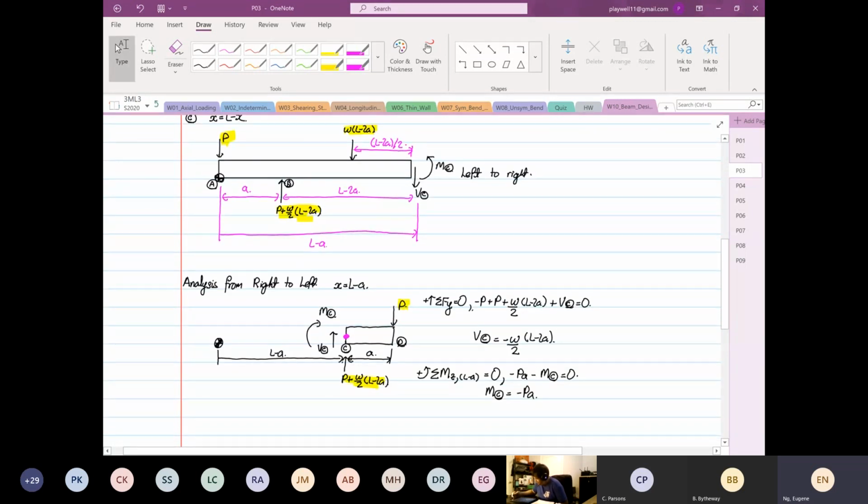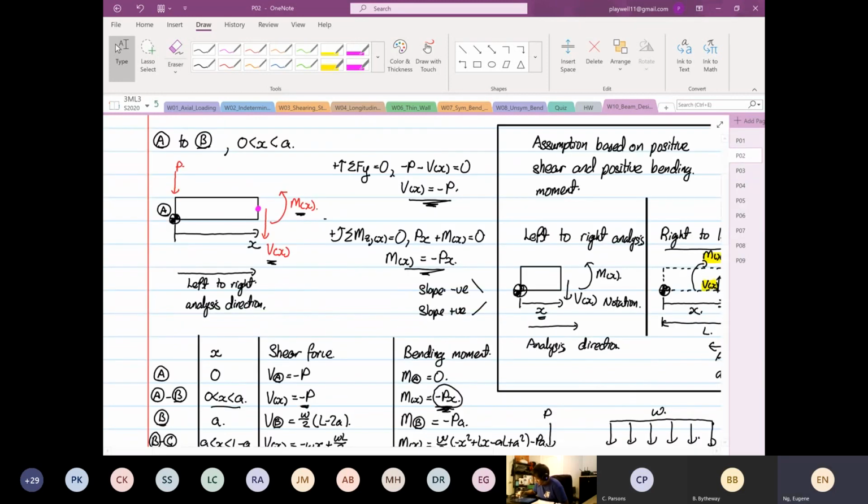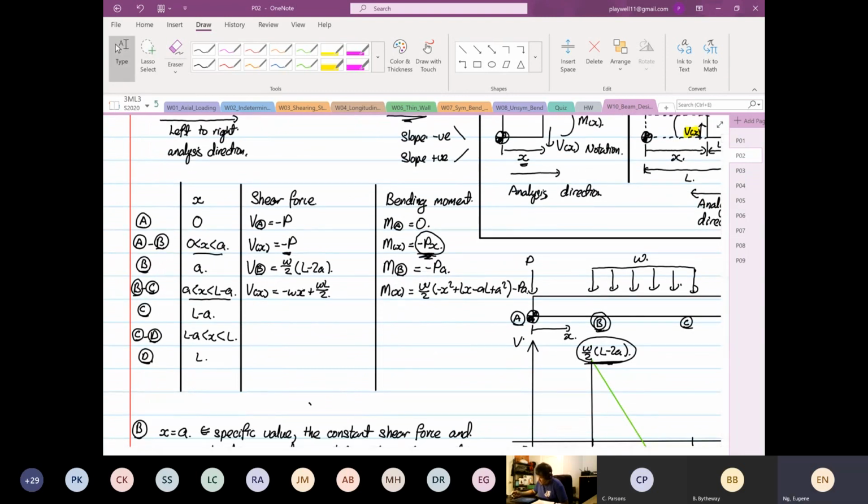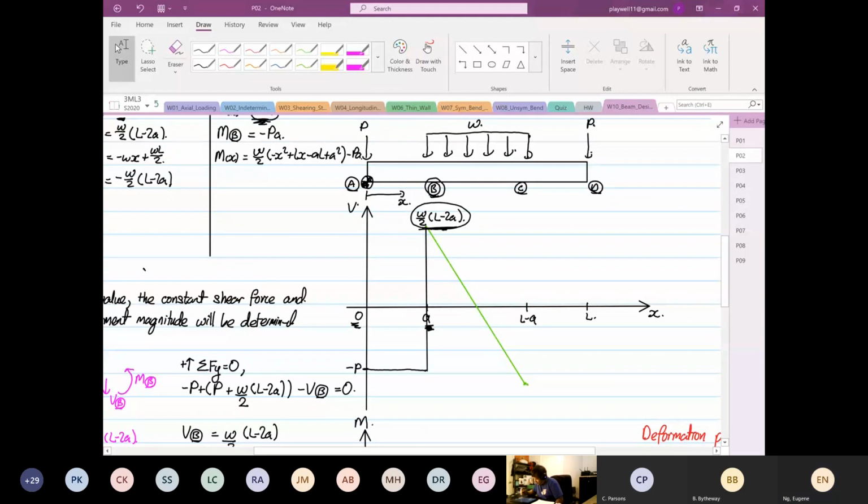So once we go back here to our table, at L minus A, V at point C is equal to minus omega over 2 (L minus 2A). So we draw this now, from here to here. So this will be equal to minus omega over 2 (L minus 2A).